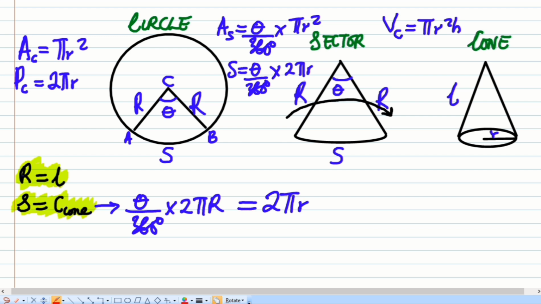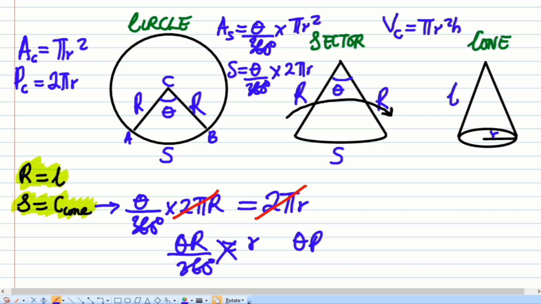Now, since 2 pi and 2 pi are the same because pi is constant, we can cancel the 2 pi. So we're now going to have that theta times R over 360 degrees is equal to small r. We need to make theta the subject of the formula because that is the angle subtended by the sector, which some questions will ask you to find. So let me just do it quickly.